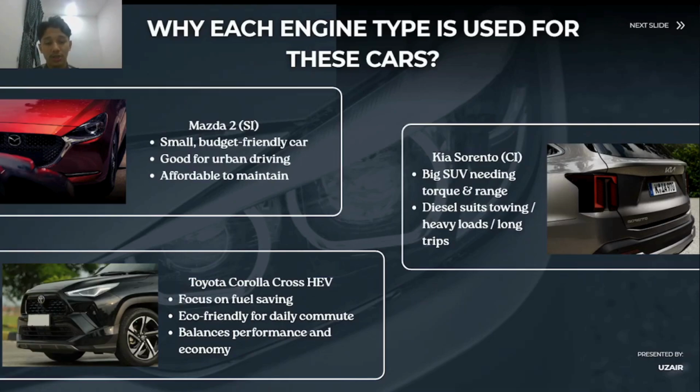So CI engine is most suitable for this performance. And diesel is suitable for towing, heavy loads and long trips, which is great for this car. And lastly, Toyota Corolla Cross, HEV. HEV typically focuses on fuel saving, is eco-friendly for daily commute, and balances performance and economy.